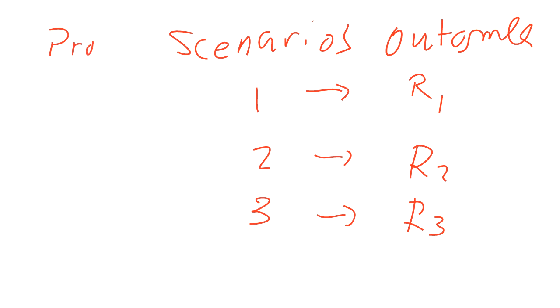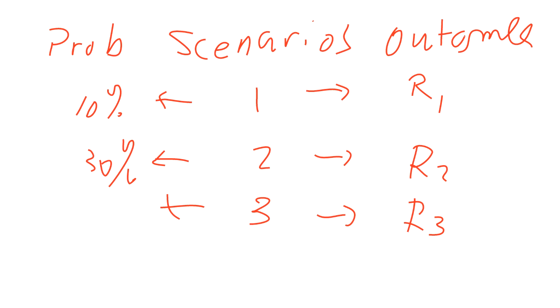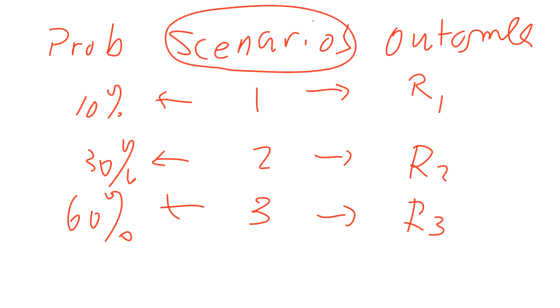Say the probability of dropping, 10%. Probability of keeping flat, 30%, and 60% probability of going up, something like that. As you can see, these scenarios are situations. They're not necessarily numbers. We're just labeling them case 1, case 2, case 3. These are not actual numbers.